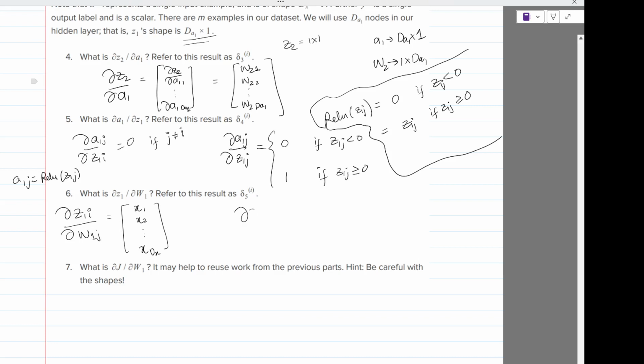So all in all, this del z1 i by del w1 will be a matrix where each row is x1, x2, x dx, x1, x2, x dx, and so on.